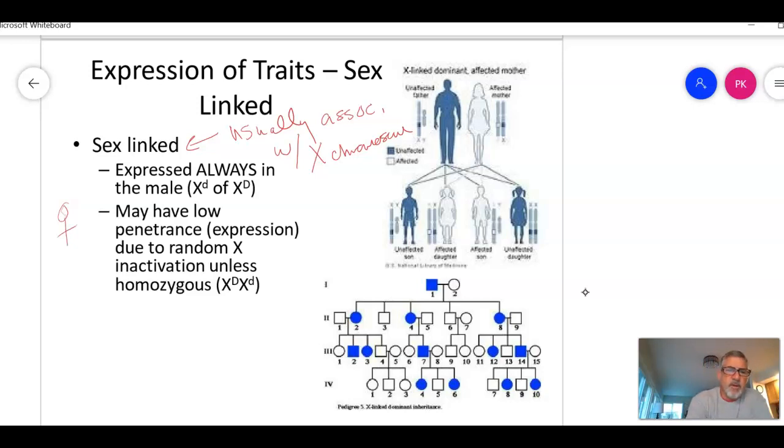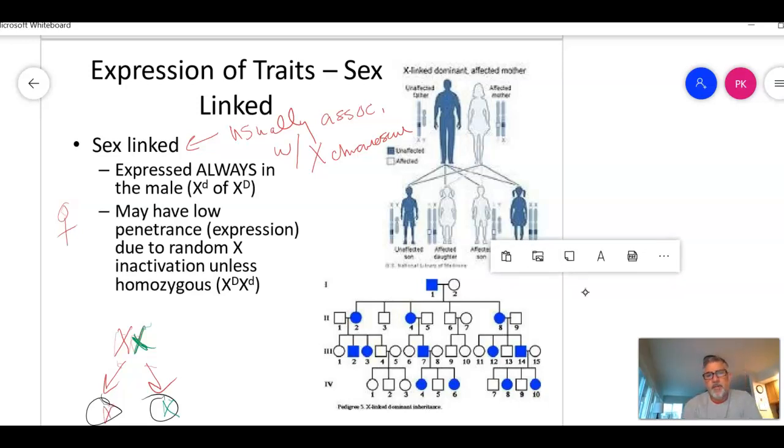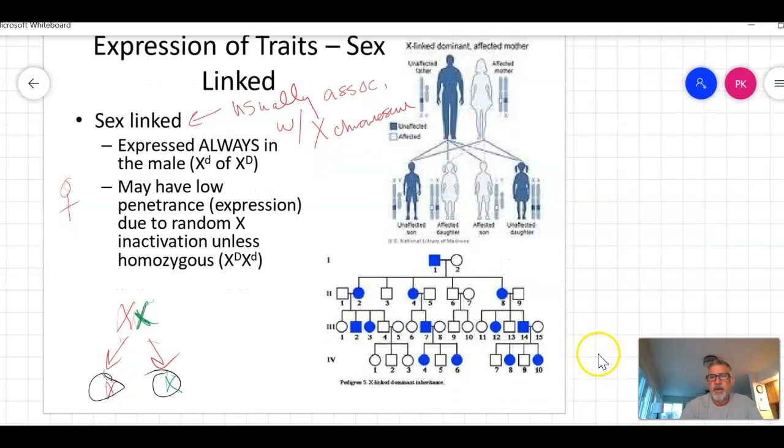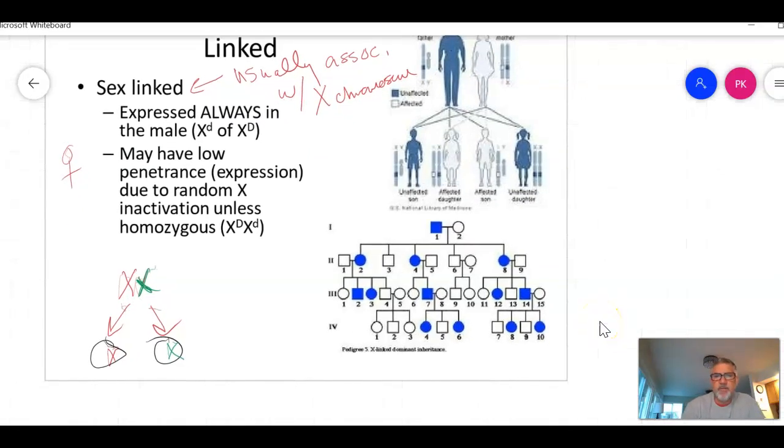If you think about the biological female, she has two X's, but in each cell, I'll make this one green, one of the X's is randomly inactivated. So maybe she expresses the green X here and the red X in another cell. So essentially, even with an X-linked dominant disease, it is inherited as a recessive pattern in females.